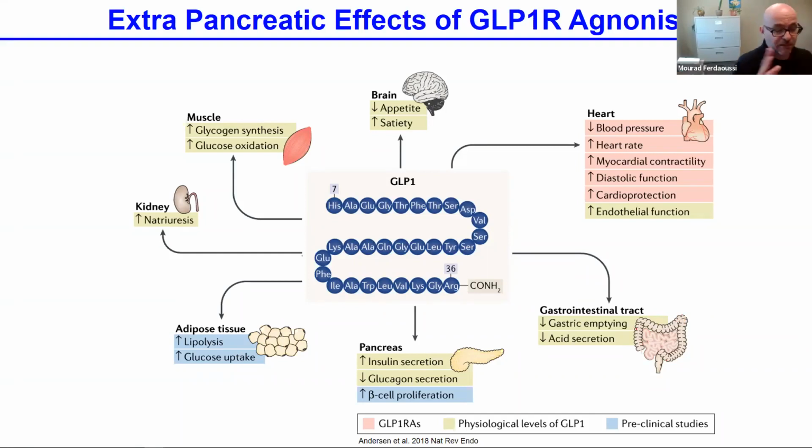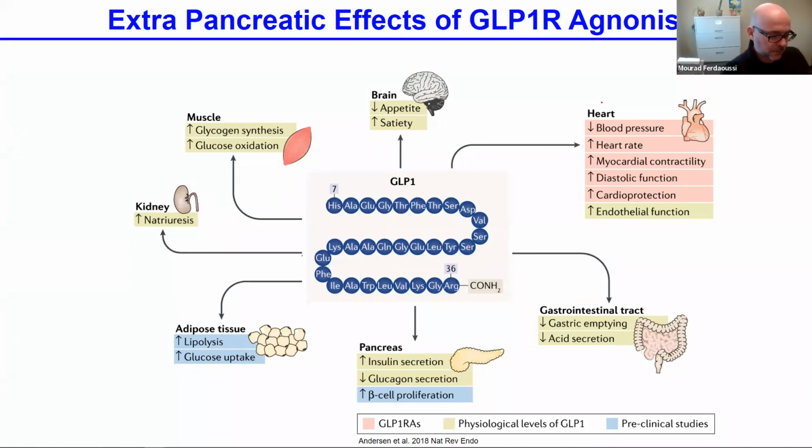All these effects can explain the effects of the GLP-1 receptor agonists in treating obesity. And there is some new indication showing that the GLP-1 receptor agonists can have some cardioprotective effects.